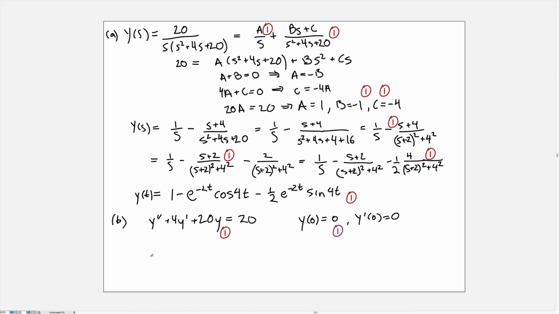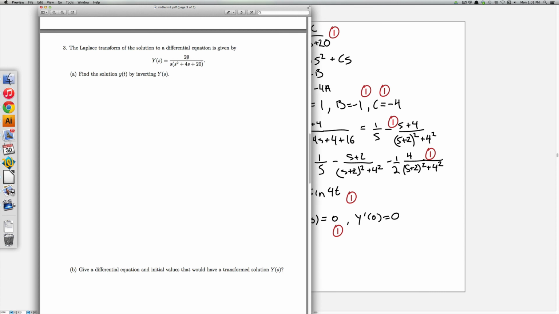Another example that works would be y prime equal, and now we're making the assumption that the s came from the equation and the 20 over s squared plus 4s plus 20 came from the right-hand side.